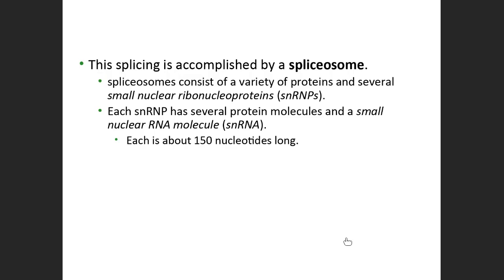And that results in different messenger RNA transcripts and different protein products. So one gene can code for more than one protein product as a result of alternative RNA splicing. Prokaryotes cannot do this. Prokaryotes do not have the machinery, which is called the spliceosome, in order to splice out those introns.